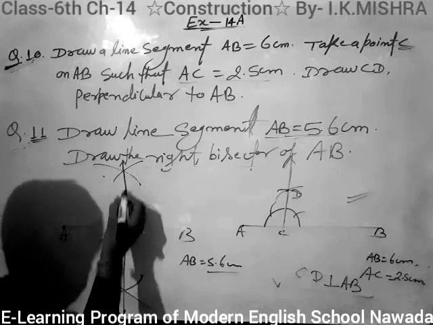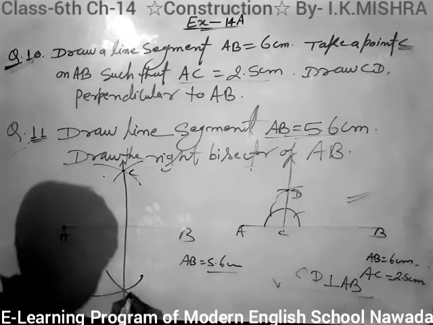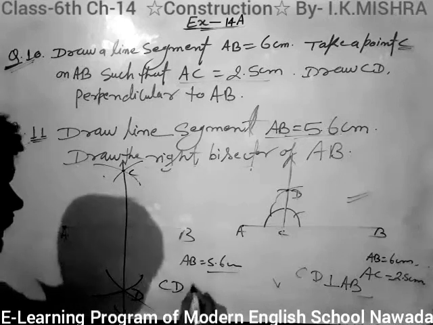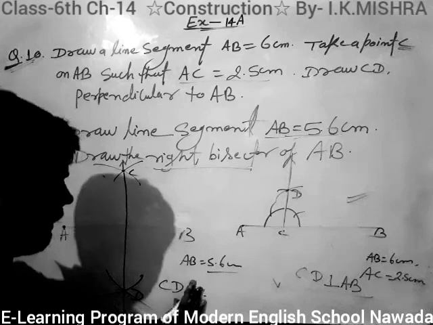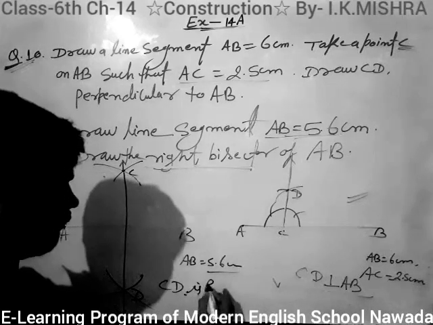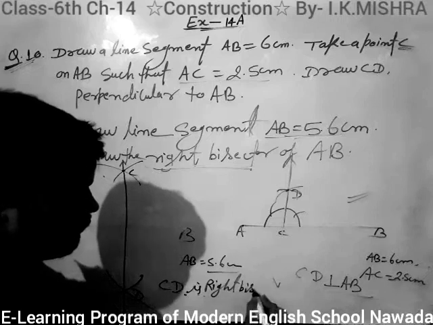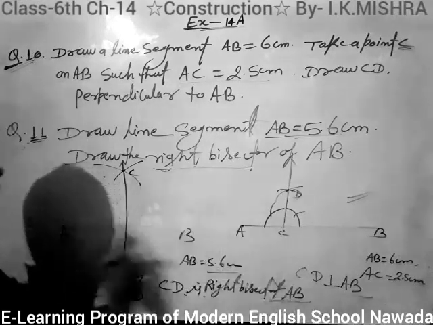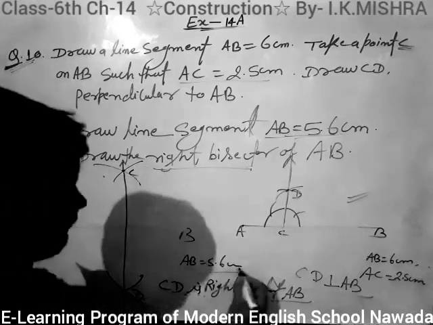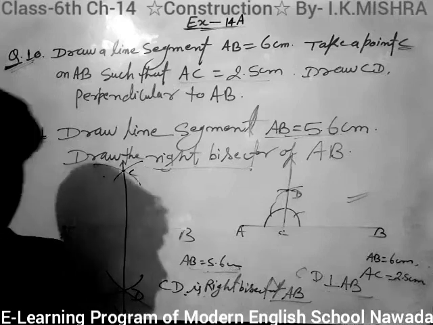Suppose here C and D. CD is the perpendicular right bisector of line segment AB, which equals 5.6 cm. Clear students?